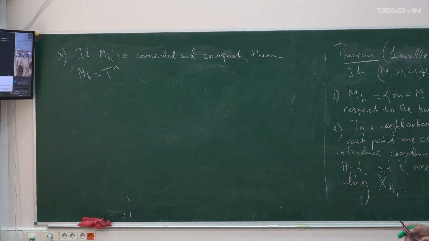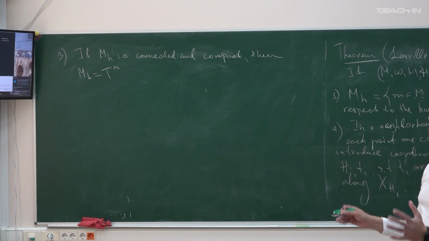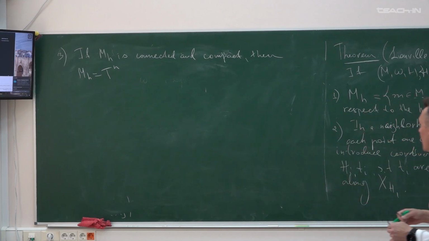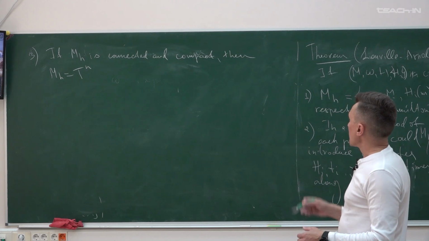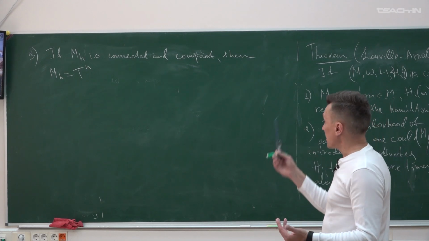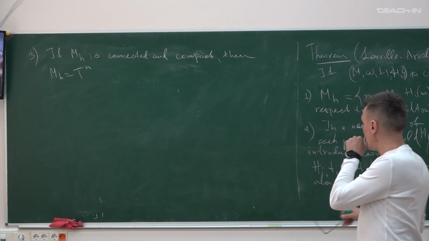And compact, so it's bounded if you want. It lies in some maybe big ball. So if it is connected and compact, then it is just the n-dimensional torus.